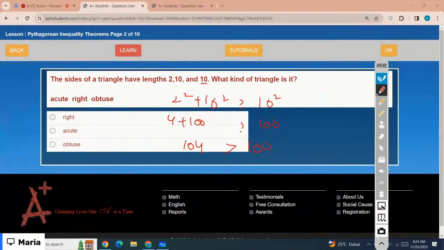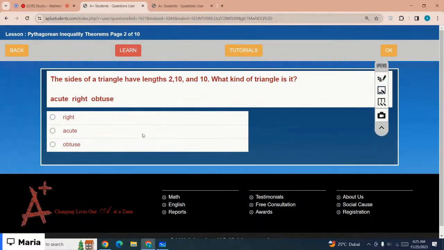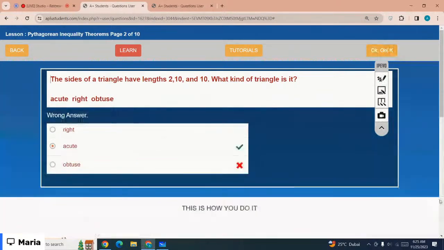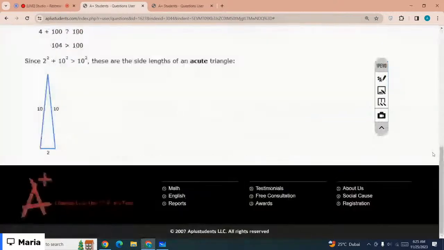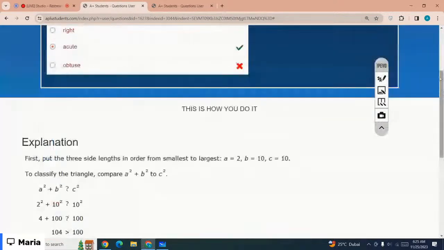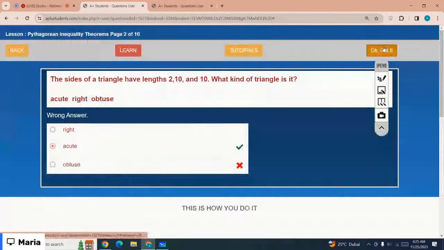This is the situation when the triangle is acute. But I think that must be obtuse. Let's see. That is an acute triangle, right? If the sum of squares of two sides is greater than the square of the third one, that is an acute triangle.